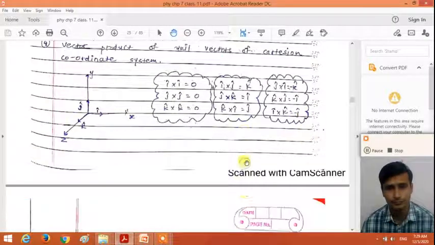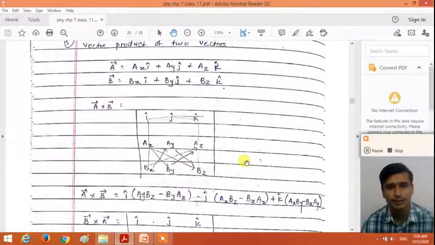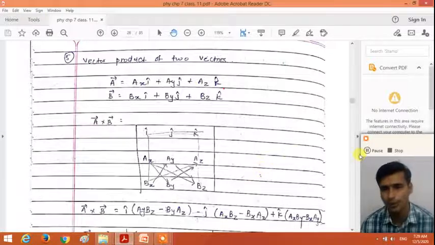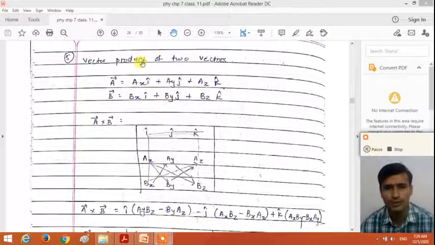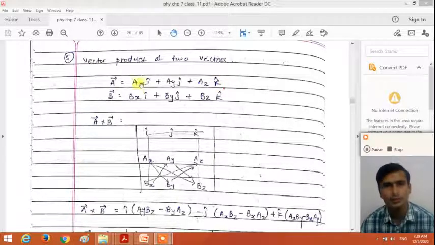Understand? Now, how can we find the vector product of two vectors given in the form of coordinates? Suppose we consider two vectors. Vector A is given to you as Ax i plus Ay j plus Az k. In three dimensions, three components of the vector are given: the component in the direction of x is Ax, in the direction of y is Ay, and in the direction of z is Az.